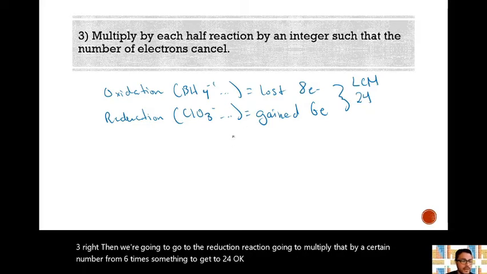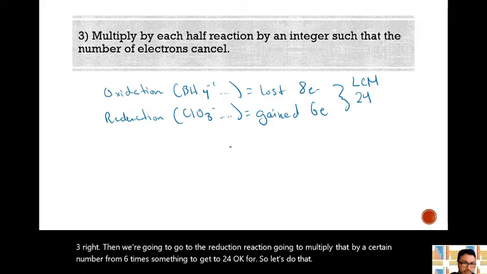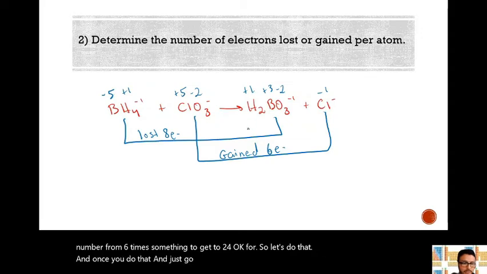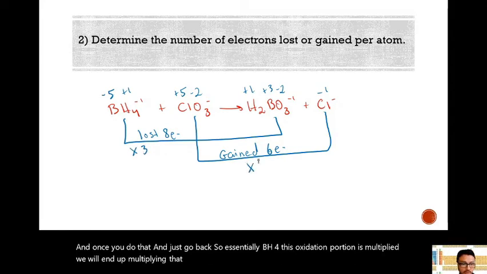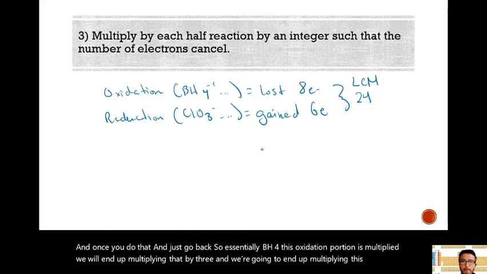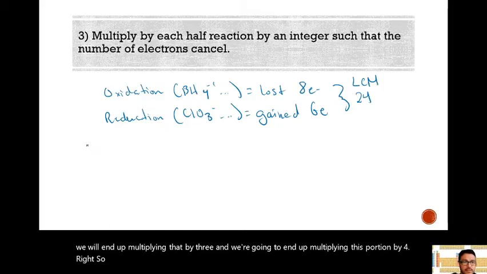So let's do that. Essentially, the BH4 oxidation portion we will end up multiplying by 3, and we're going to multiply this portion by 4, so that what we get is this.